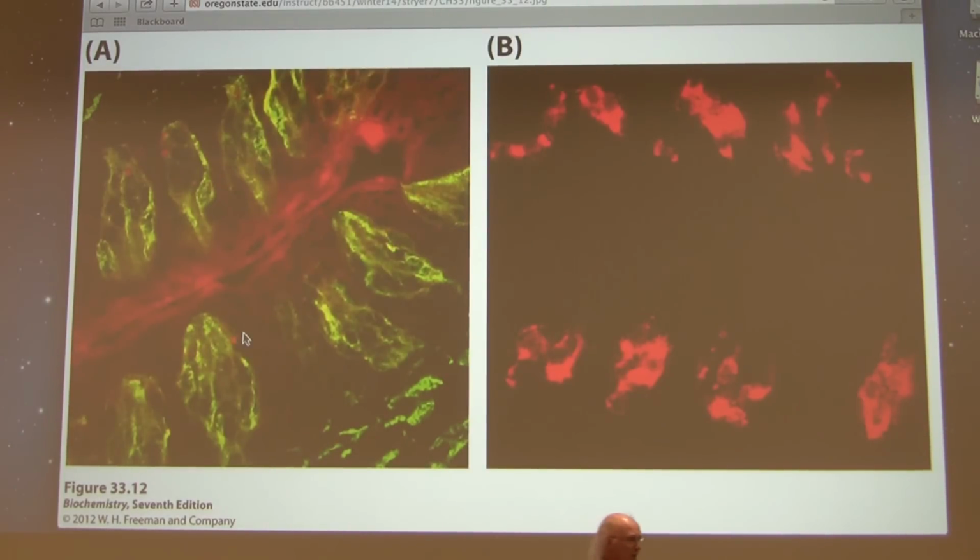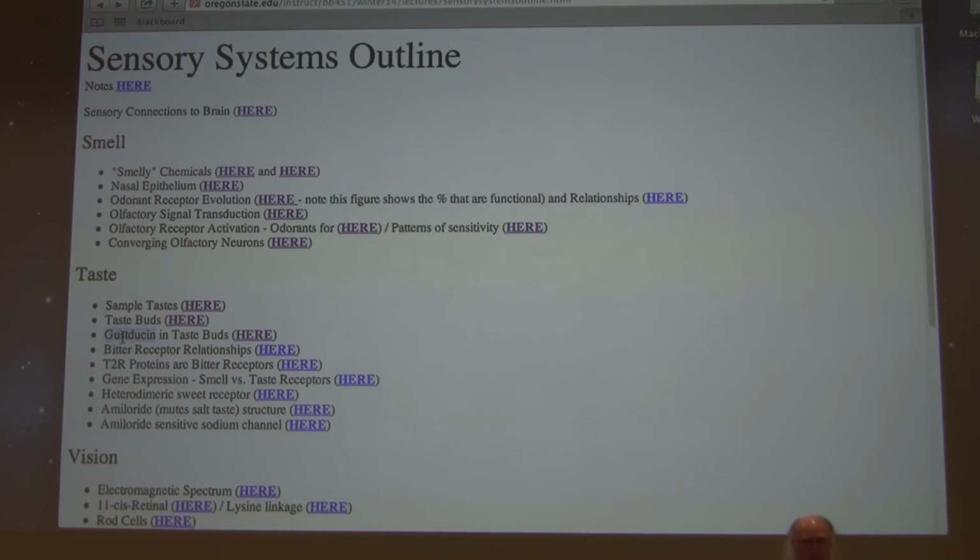Well, it was on the screen just a moment ago. There it is right there. Gustducin. It's a G protein, works very similar to what you saw before. Now, I should caution that not all of the 5 senses work via gustducin.